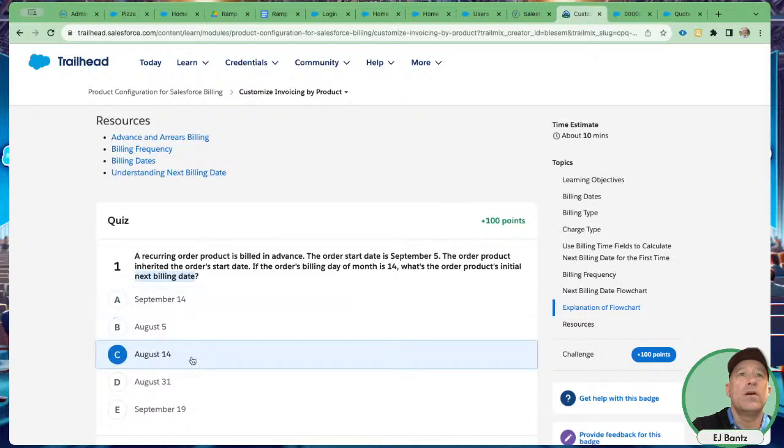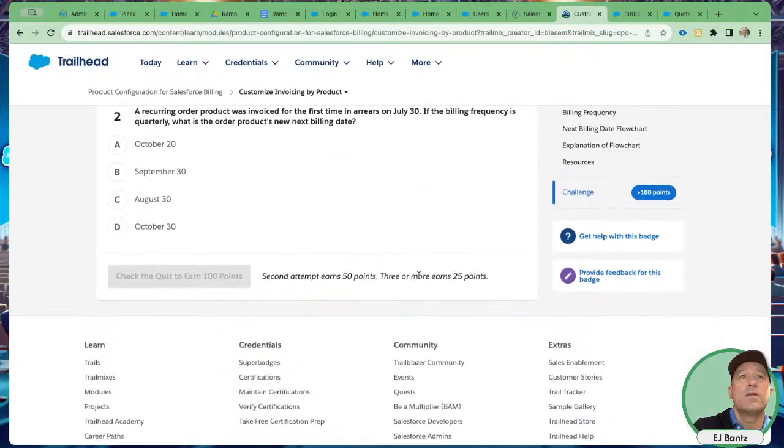So then the following year, August 14th? So I think basically they're going to get billed for a year right away. And then the next billing date would be the following year. The 14th of September would be too late, so it would be the year prior, or the month prior. So I think it's August 14th.